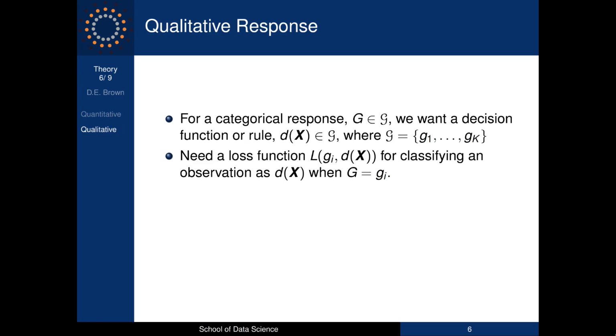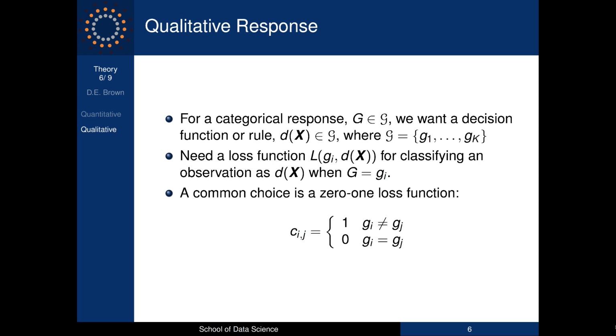So again, we need a loss function. And this loss function is going to measure the difference between the true value of the categorical response, that's little g sub i for that particular student, and the decision that we made for that student given their scores on all those predictor variables. And this is our way of deciding how we're going to classify any given observation. A common choice for this particular problem for a loss function is what's called 0-1 loss.